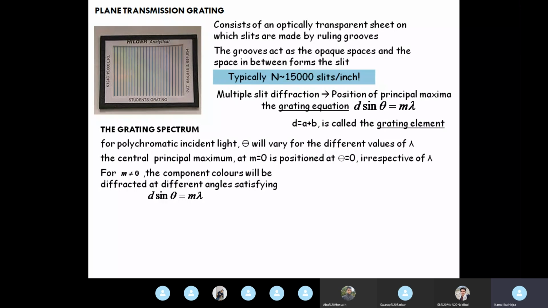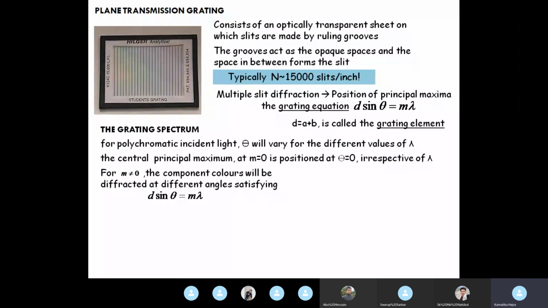Now, but for all other orders, that is for all m not equal to 0, the component colors of the incident light will be diffracted at different angles, satisfying this relation d sine theta equal to m lambda, right? For higher orders, the colors will no longer satisfy d sine theta equal to m lambda together.